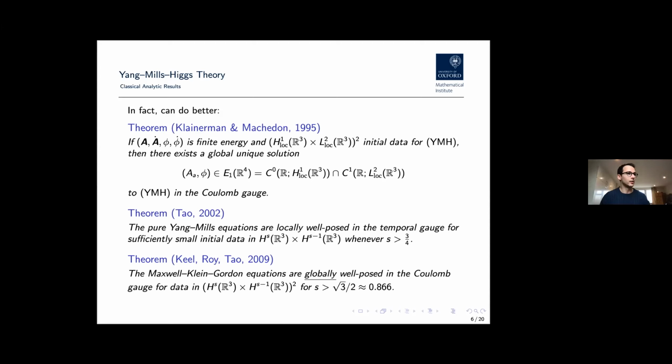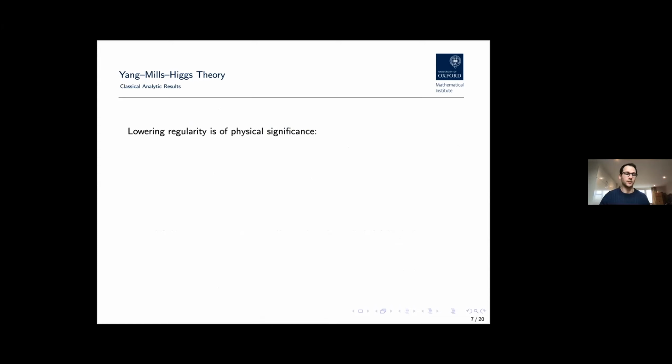Okay, so why should one be interested in lowering the regularity of the well-posedness results of these equations? Well, I claim that there is a physical significance. One is that the finite energy setting S equals 1 is natural from a geometric conformal scattering perspective.